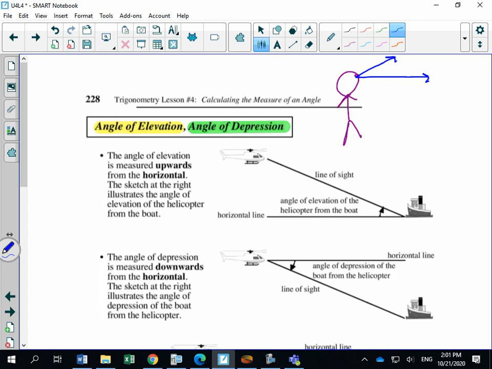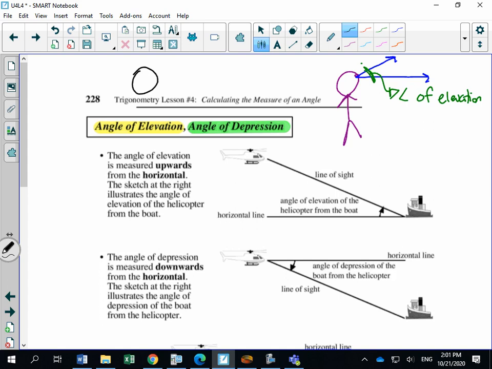So imagine always looking straight ahead first, and then you're going to either lift your eyes or lower your eyes. So if you lift your eyes, this angle right here, that is what's called the angle of elevation. Okay, so when you're looking straight ahead and then you lift your eyes, that's the angle of elevation.